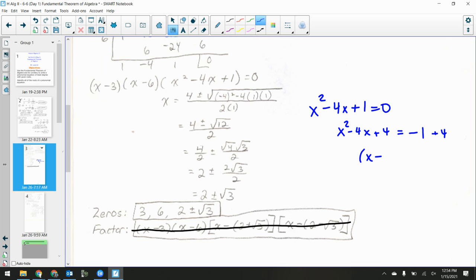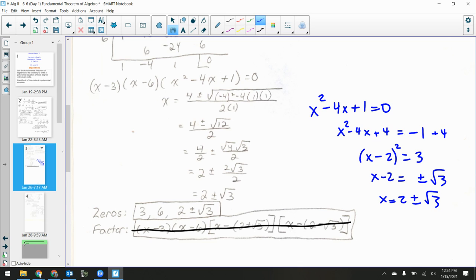So remember, you get x plus or minus b over 2, which is 2 in this case. We got 3, and now we square root. x minus 2 is equal to plus or minus radical 3, and then we add 2, giving 2 plus or minus radical 3. That just gets you there a lot easier. So we got 3, 6, and 2 plus or minus radical 3, or there are 4 roots there.